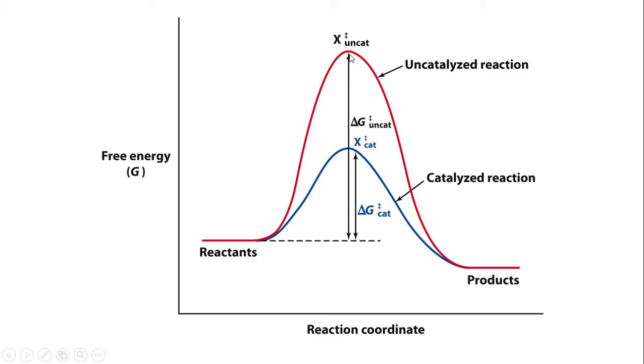So the hill has been lowered. The amount of energy required to reach that transition state is lowered. Thus, the reaction speeds up and we have more molecules that achieve the transition state per unit time, and therefore increased product.